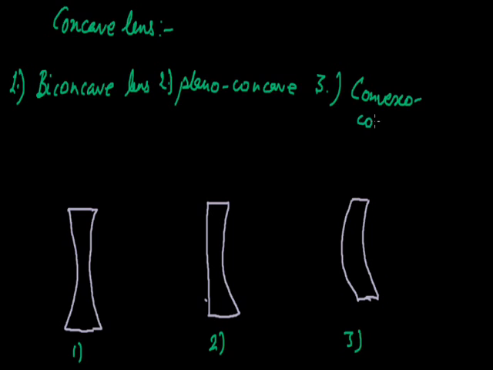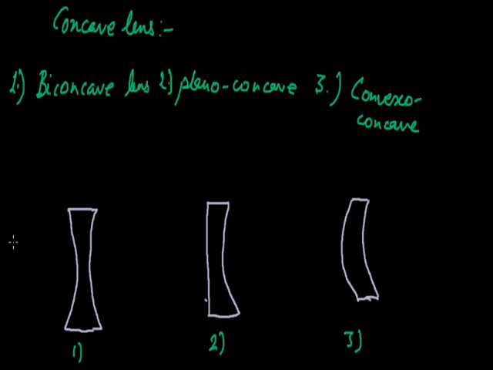In this you can see that the first surface is a bulged out surface and the second surface is curved inward, and both surfaces can be taken to be the part of a sphere originally.